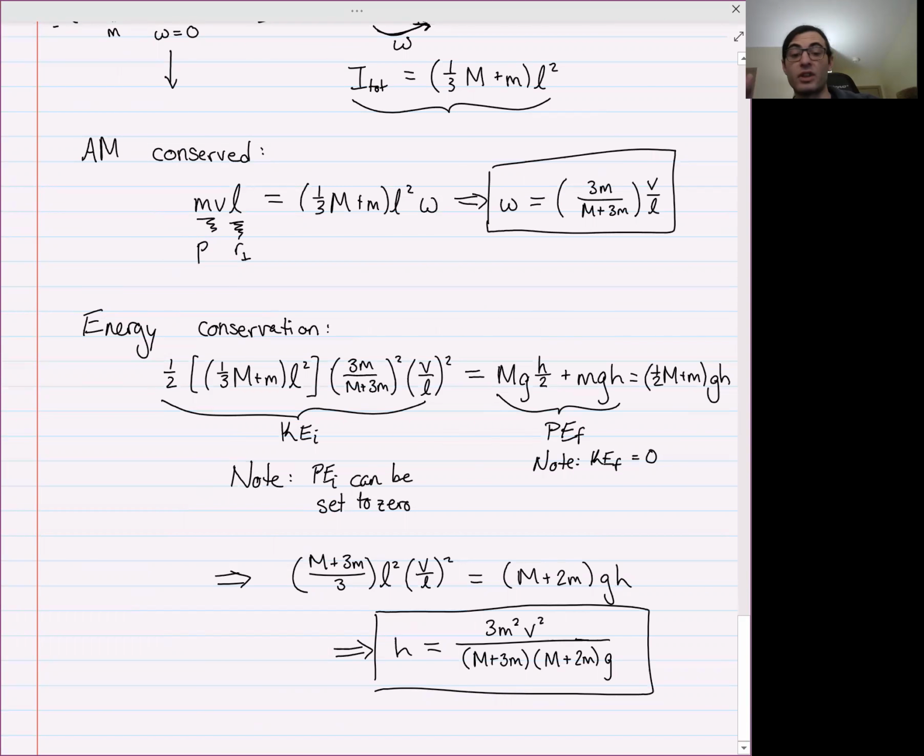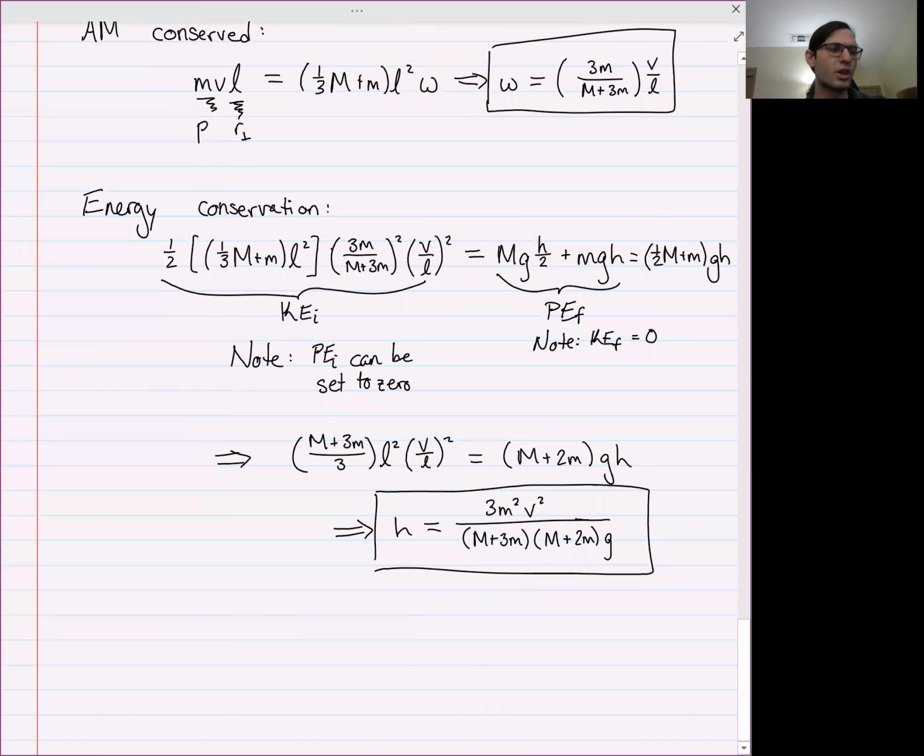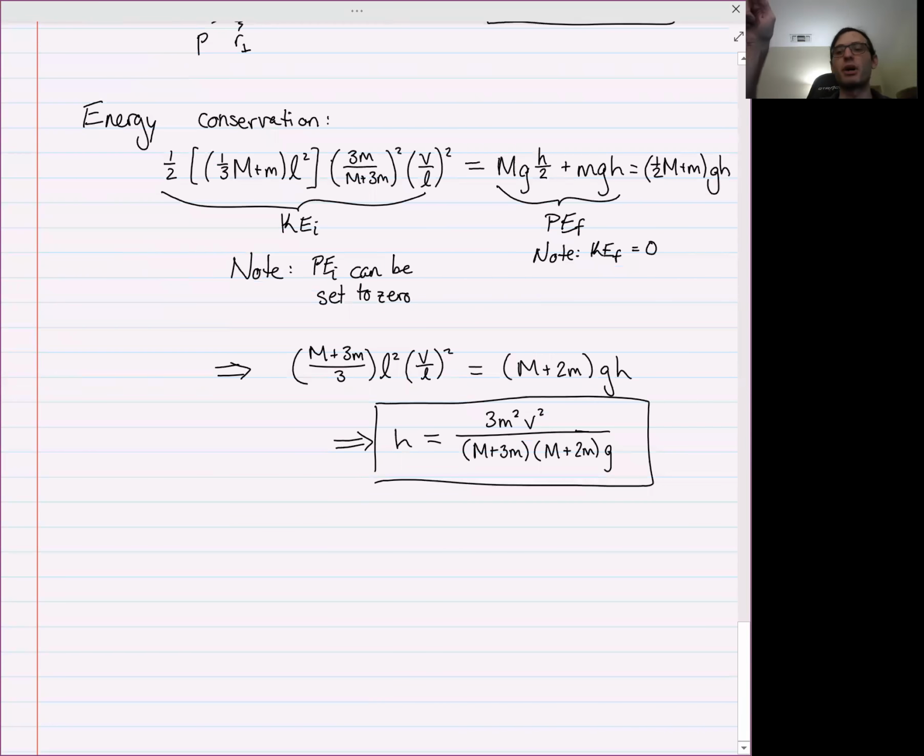I can talk about that after lecture, but I just want to say one little thing. These tools, angular momentum conservation, energy conservation, and translational momentum conservation, can let us handle more complicated collisions now. Imagine you had the rod freely floating in space and you shot a bullet at the bottom.